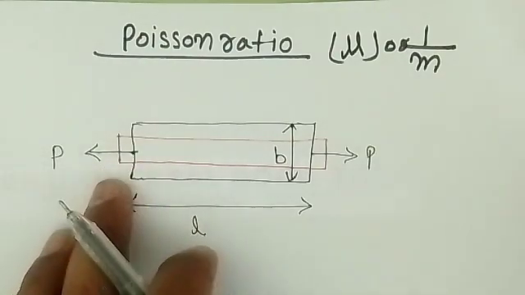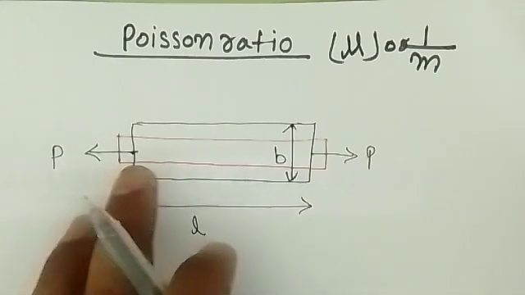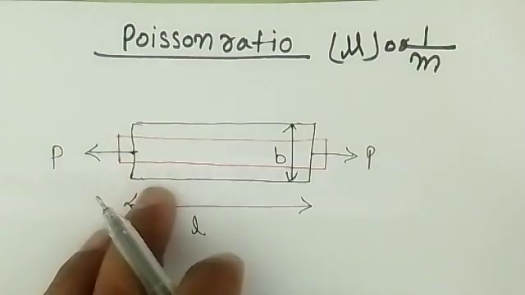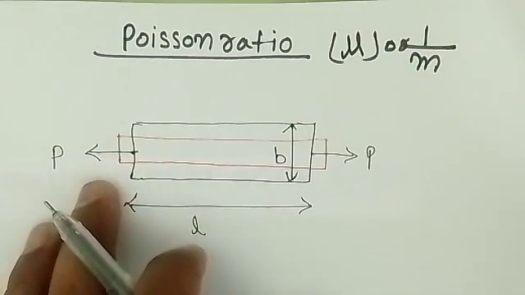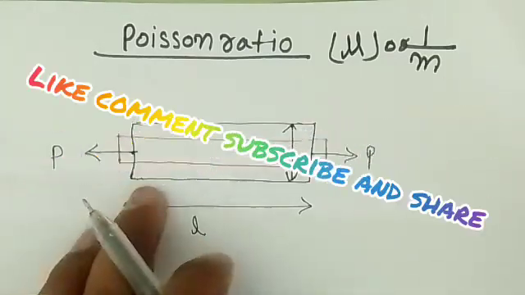Longitudinal strain is the change in length by original length. Lateral strain is the change in lateral dimension by original dimension.